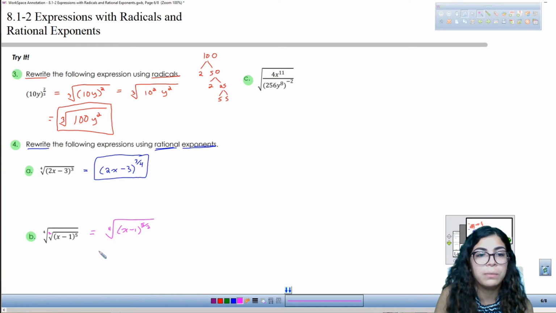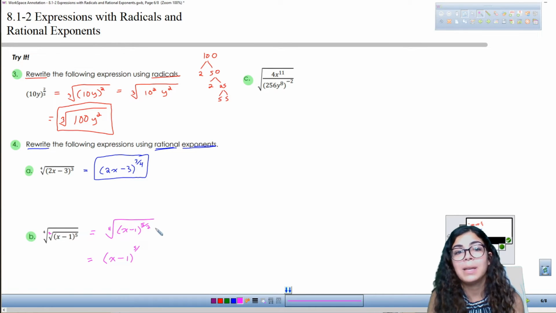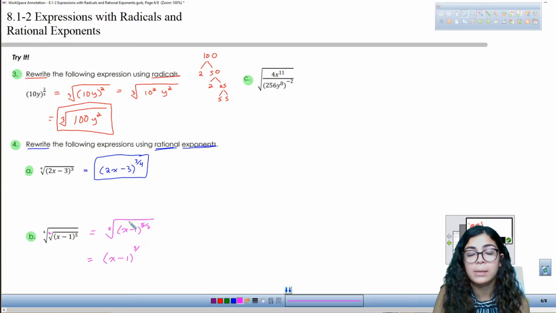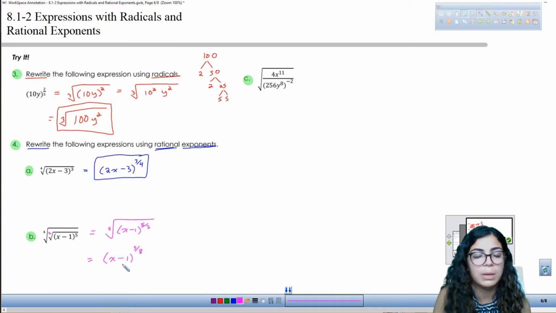And then now we have the 4th root. So in the power, the denominator, which was 2, is now going to be 2 times 4, because we have another index of 4 that will go in that denominator as well. So 2 times 4 is 8. And we can't simplify that fraction, can't simplify inside, we're done.